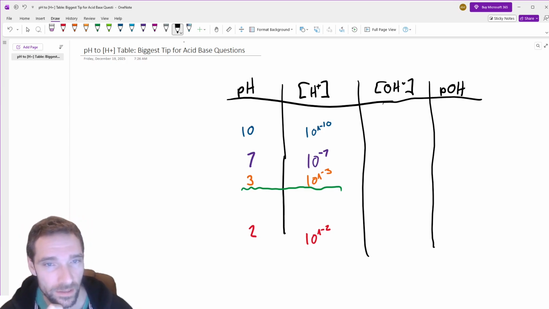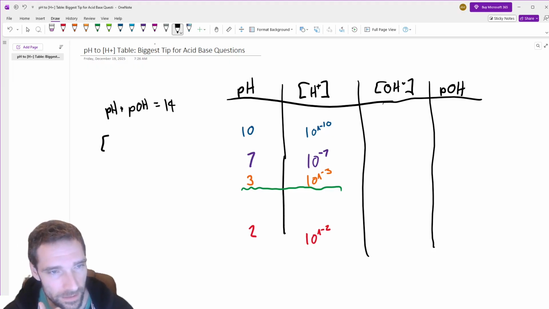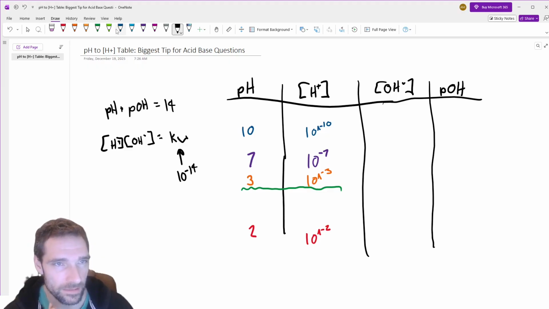So if you've got a pH of 14, you do know that pH plus pOH adds up to 14, which is kind of like how the concentration of H plus and OH minus is equal to the Kw, which is going to be 10 up to the negative 14. And you can plug in some of these numbers.